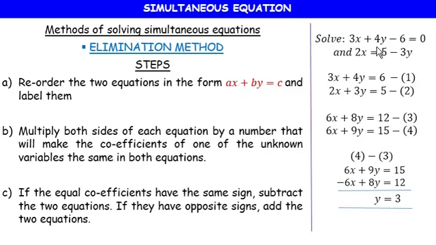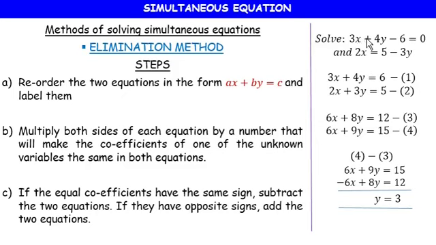So with an equation like 3x plus 4y, our a will be 3 and our b will be 4, but the x and y are the unknown variables. So when we are given the two equations, the first thing is you have to group the two variables at one side, and the two variables must be equal to the constant, or the number.